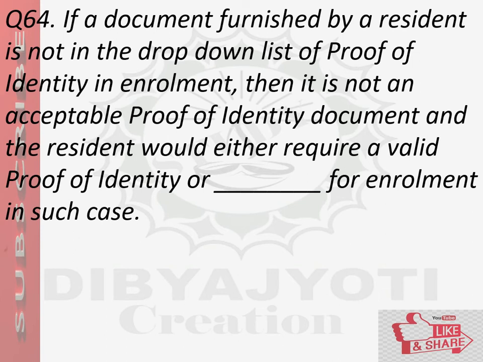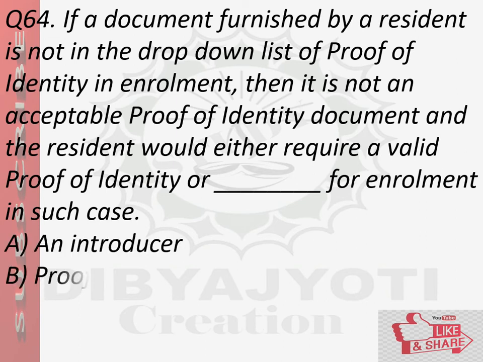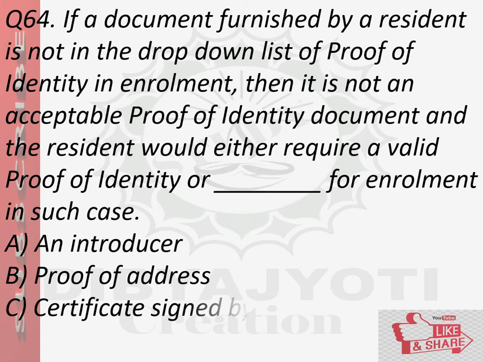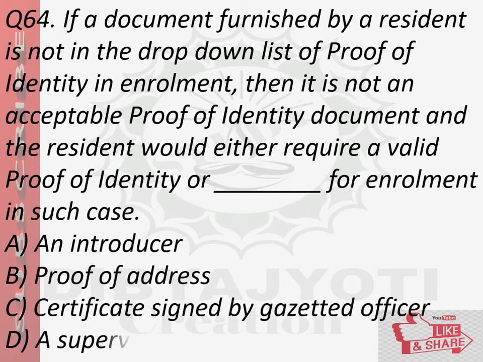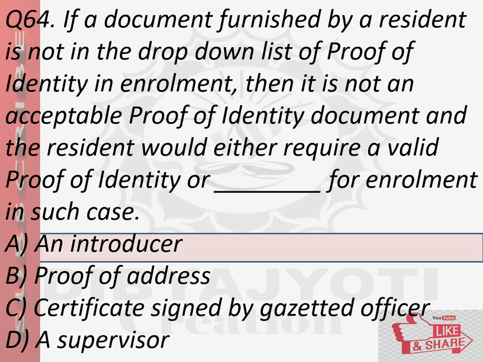Options are: option A, an introducer; option B, proof of address; option C, certificate signed by gazetted officer; option D, supervisor. Answer is option A, an introducer.